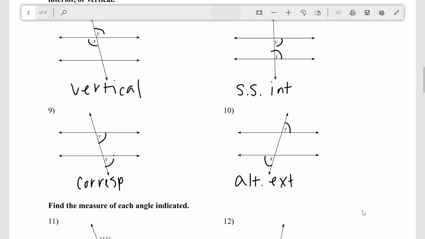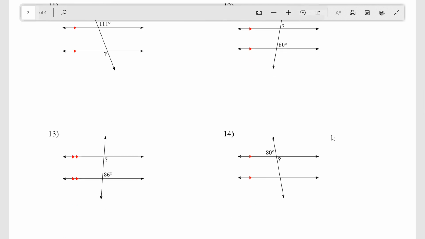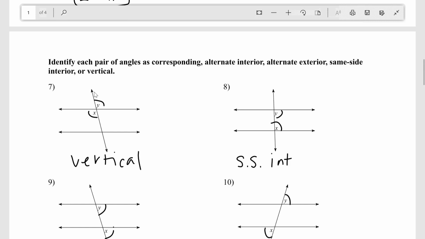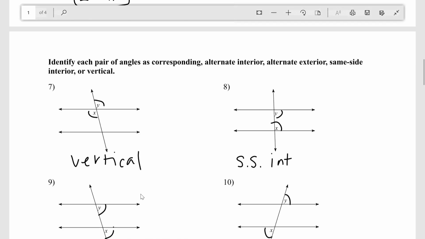As we scroll down into the next section, we are going to be solving for the angle indicated. Now, remembering again, going back to your theorems and postulates cheat sheet, corresponding angles, if your angles are showing up in the same corner around the intersections like this, they're going to be congruent.